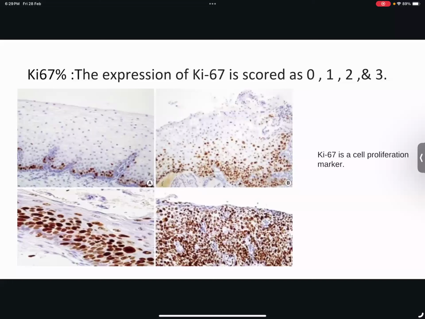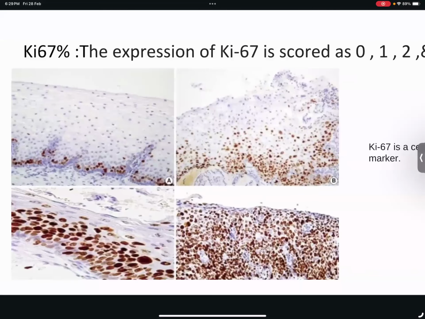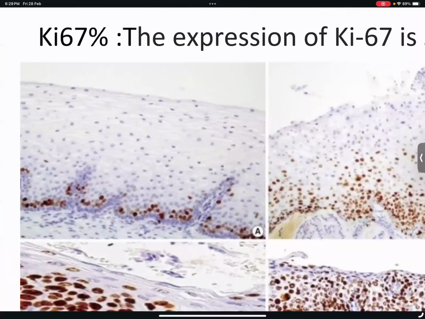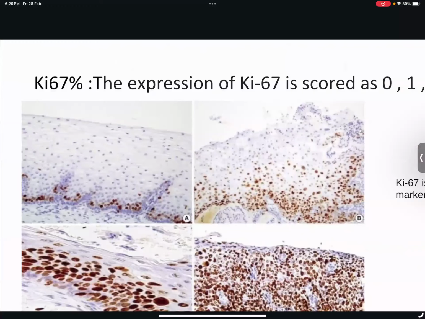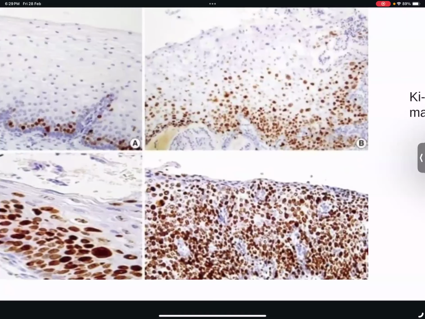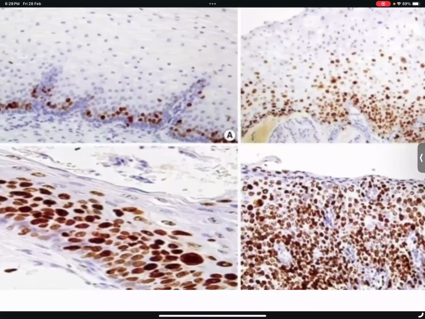And Ki67 is a cell proliferation marker. Normally in the squamous epithelium, it only stains the basal layer of the epithelium. In low grade SIL, it stains the lower 1/3, and in CIN 2, it stains more than 1/3 but less than 2/3.